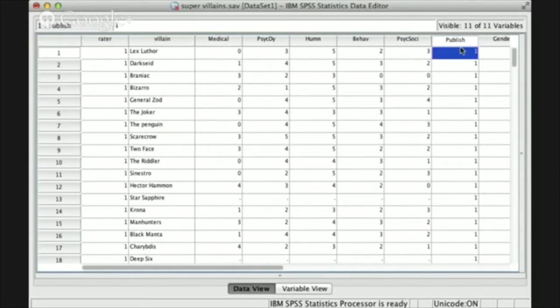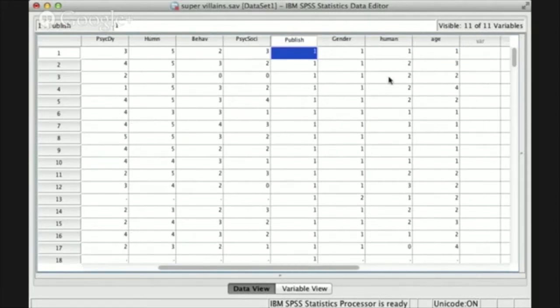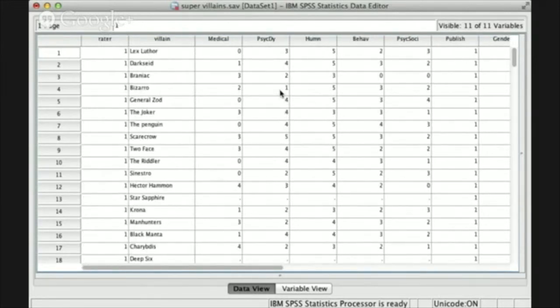The publisher can either be DC or Marvel. And we looked at gender, male or female, and human: human, non-human, and human transfer. And age, there were 4 periods when comic books were popular, and I'll go into detail about that in a minute.